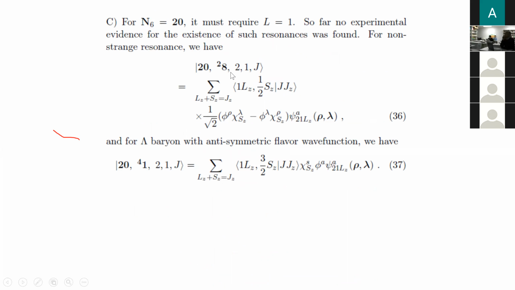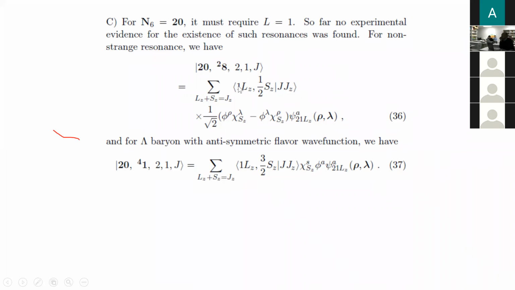This is the anti-symmetric multiplet for the baryon, which means that you really can't have these states for the ground state. Just imagine that the spin flavor is anti-symmetric. If it's ground state, then the ground state spatial part is symmetric, and the color is anti-symmetric.